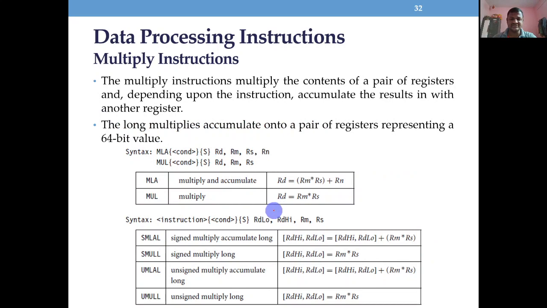The combination of these two destination registers will provide the 64-bit multiplication result. It will not go beyond that, only a maximum of 64 bit will store the result. That 64 bit is divided into two halves: the lower half is stored at the first operand, and the second operand stores the remaining higher 32 bits.